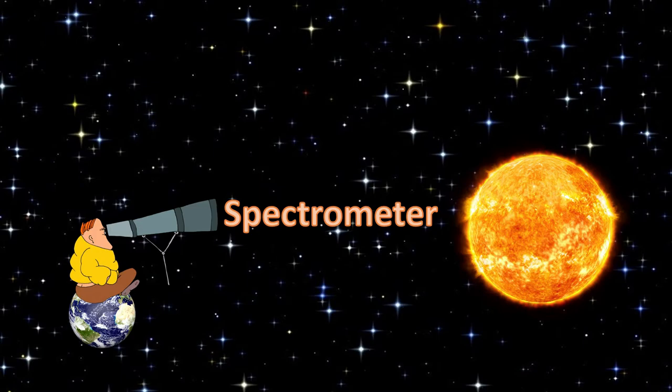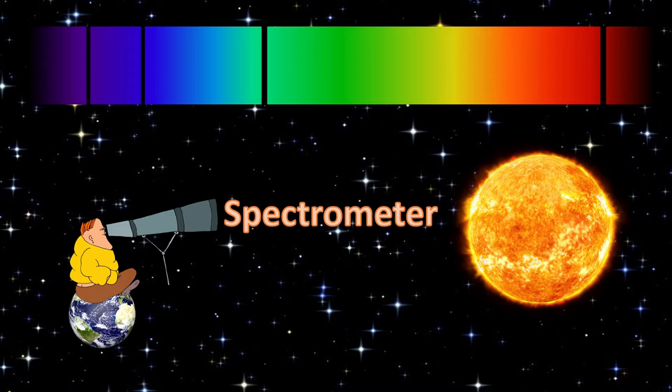A spectrometer, when analysed, produces a pattern like this. We can see some lines on this diagram, and they are called absorption lines. They exist because whatever we're looking at absorbs the wavelength of light of those elements.